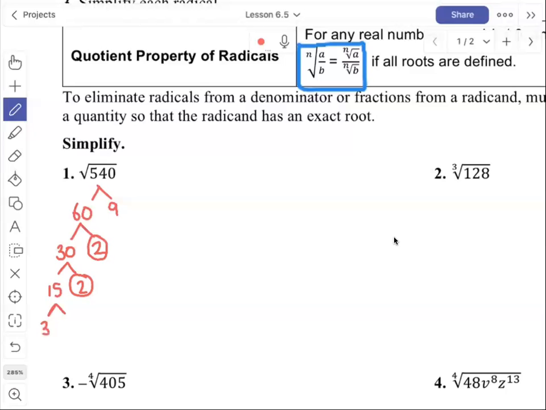Good, I see lots of right answers. Circle it once it ends. Now notice I have the 9 not circled, so I have to break down the 9. So help me break down the 9. Good, lots of right answers.